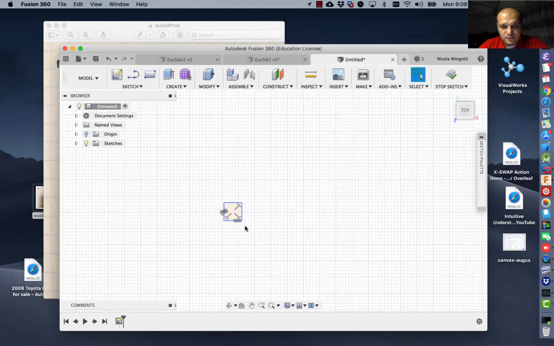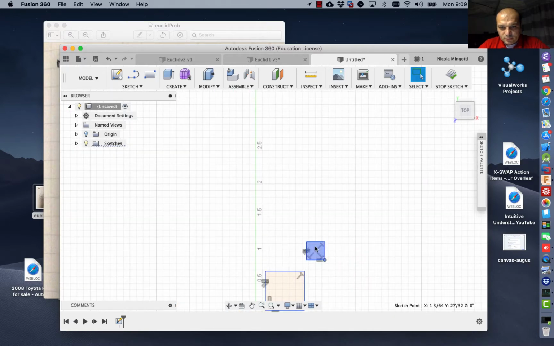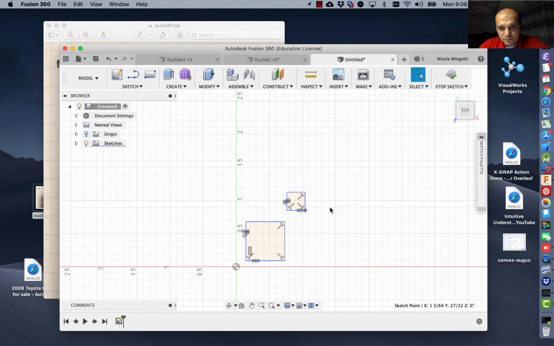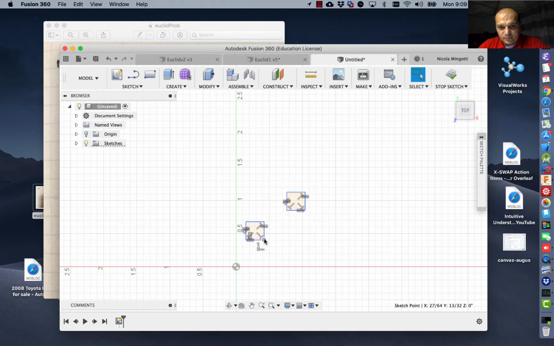Then we want this side and this side to be equal.